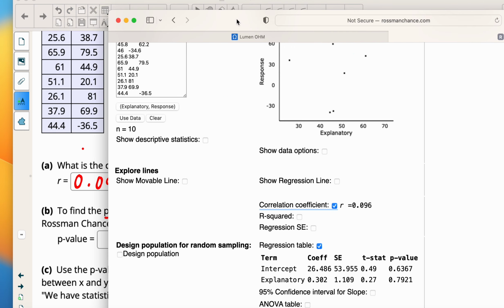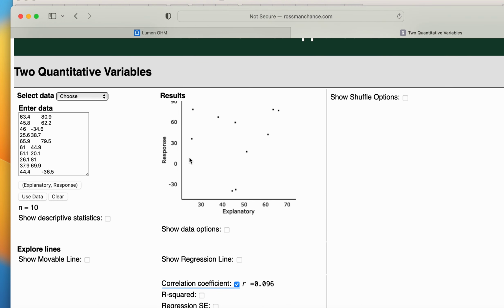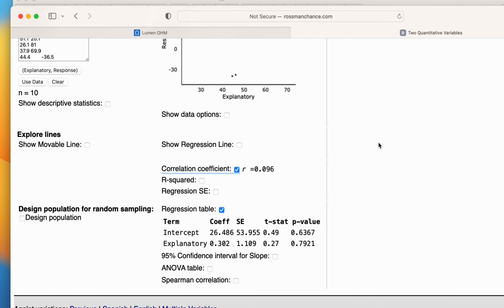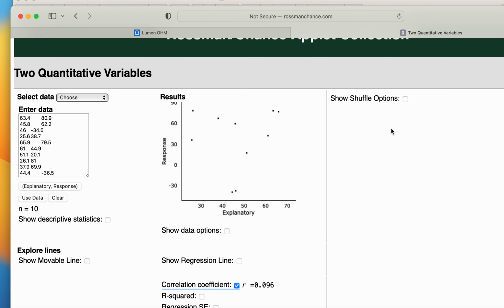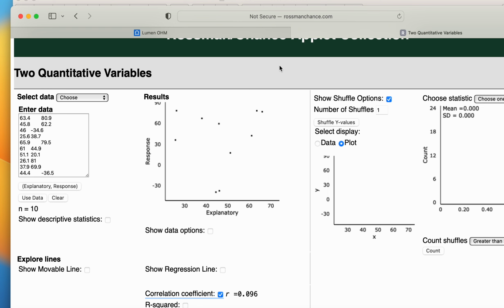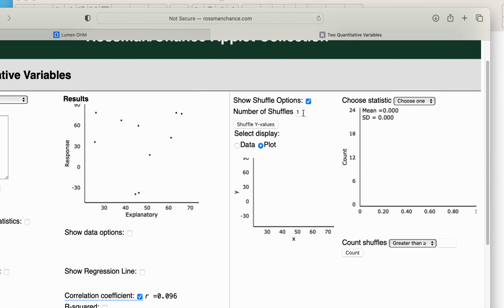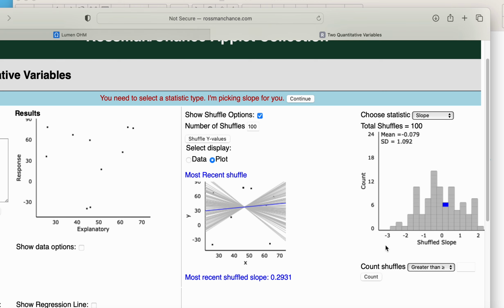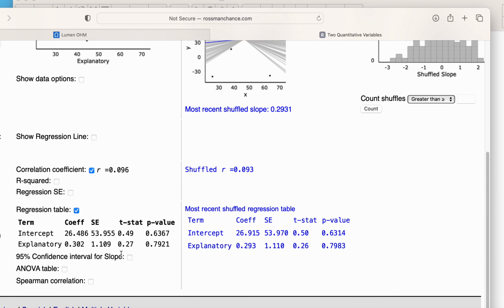When we use a theory-based approach, what I told you in class was let's generate both the simulated approach and the theory-based approach. So we have to go over here and click Show Shuffle Options first. When we do that, we want to create what no correlation looks like. And what we want to key in on for the theory-based approach is the t-value of the explanatory variable.